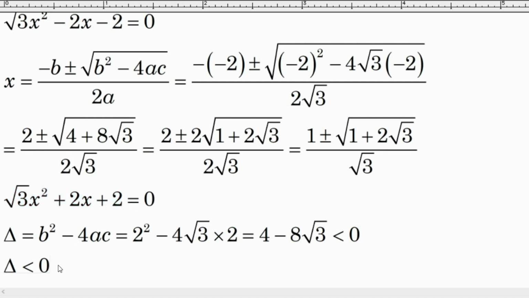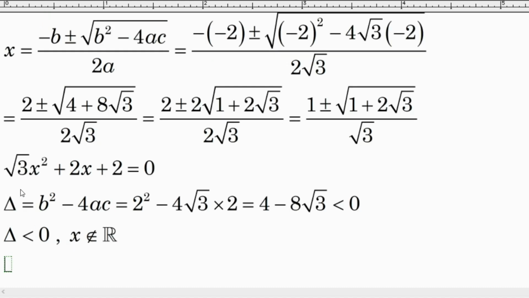So that means this equation has no root in real numbers. So we can say x does not belong to the real numbers, right? So now we can just ignore this equation. So the answer of the equation is only this one.